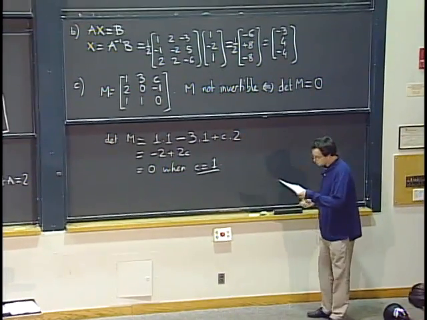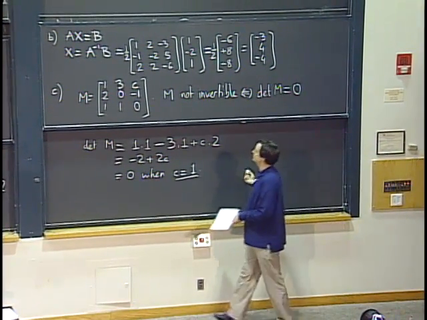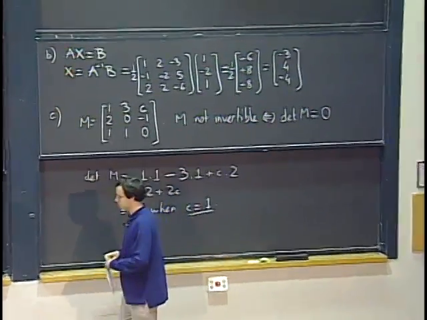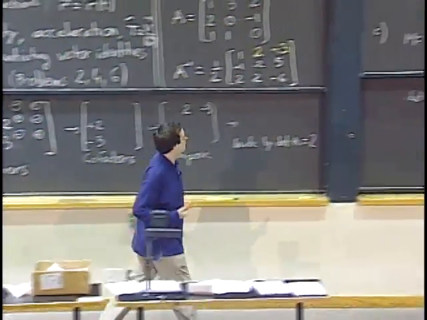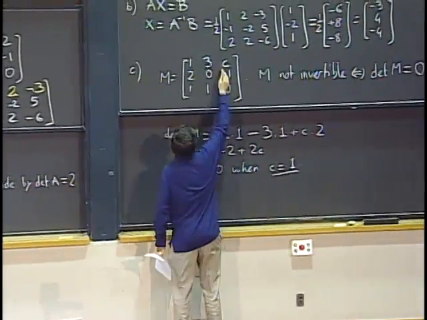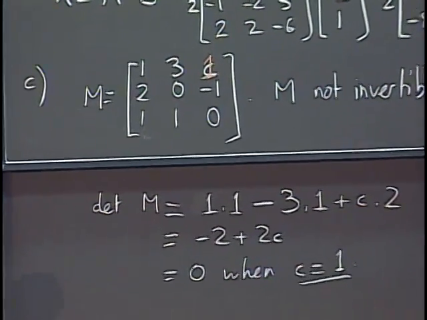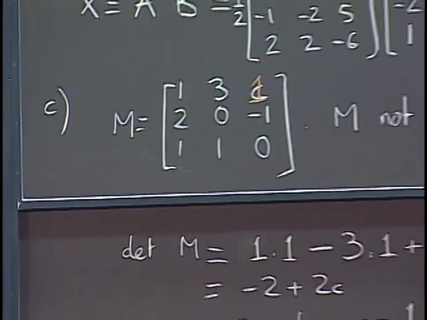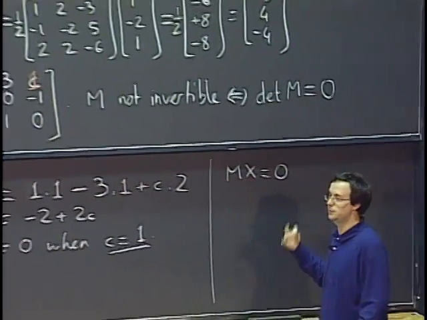Okay, so it goes on to say, let's look at this value of c, and let's look at the system Mx equals 0. So I'm going to put that value 1 in there. Now if we look at Mx equals 0, this has either no solution or infinitely many solutions.